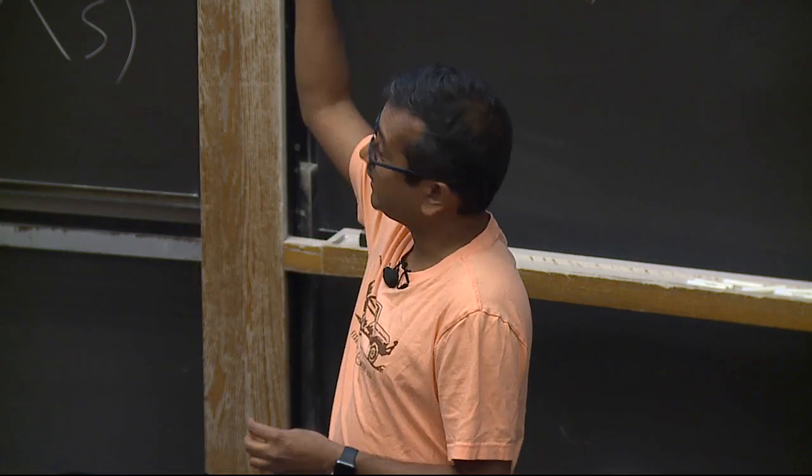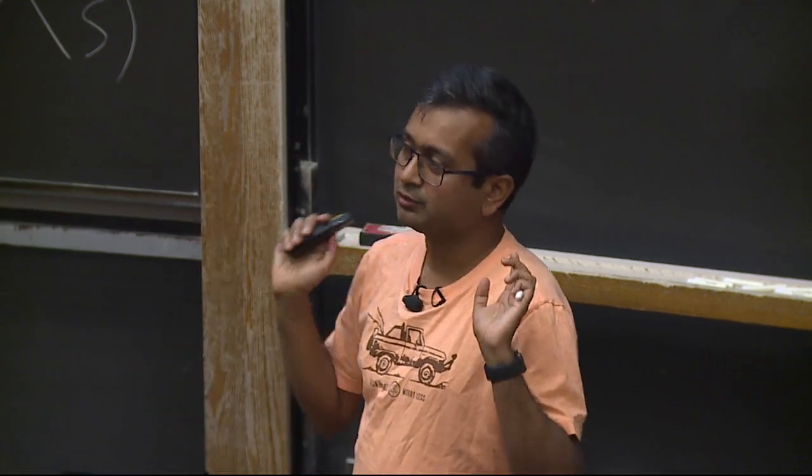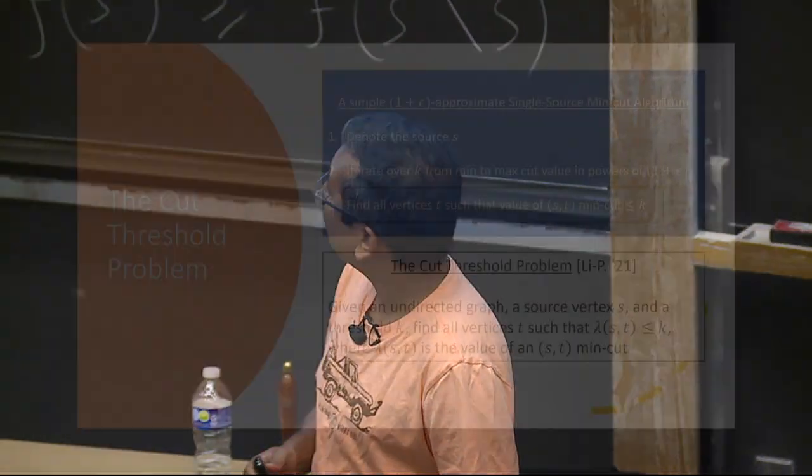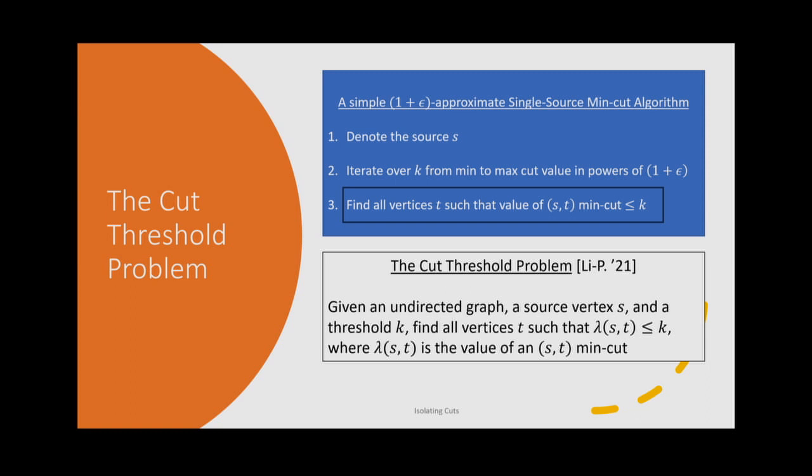So let me take that question and abstract it out into a new algorithmic problem. We call this the cut threshold problem. So what is the cut threshold problem? I give you a graph, I give you a source vertex, I give you a threshold k. Find me all vertices whose connectivity to S is k or smaller, whose min cut separating it from S is of value k or smaller.